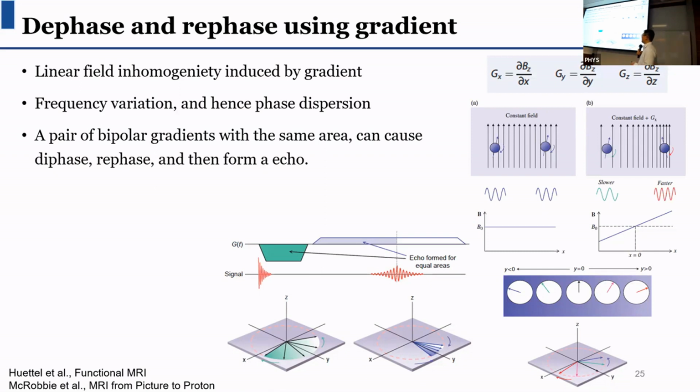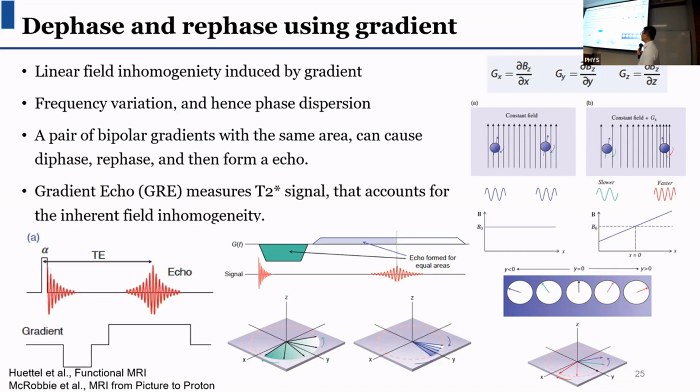And in this way, we actually get a gradient echo, compared to the previous echo, which I called a spin echo. So you have a negative part and a positive part. You start from here with this alpha flip angle, which in the most simple case is 90 degrees.